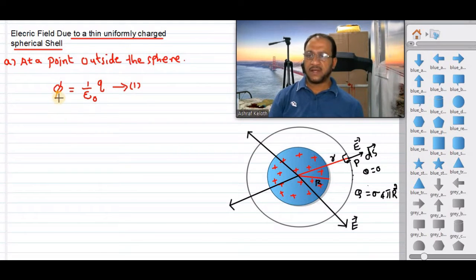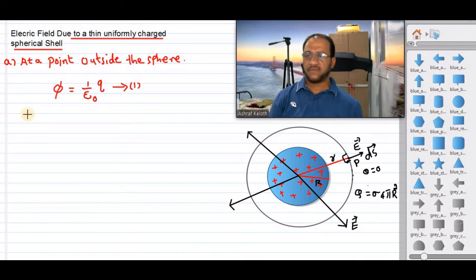Now first we will find out the total flux coming out of this imaginary Gaussian spherical surface. For that, what is the equation?